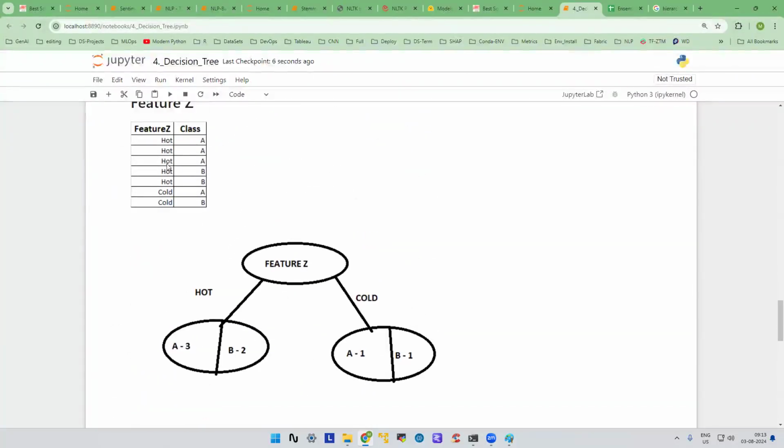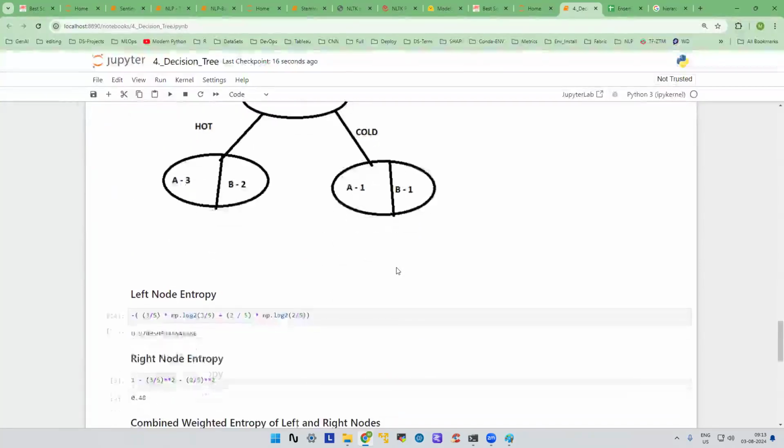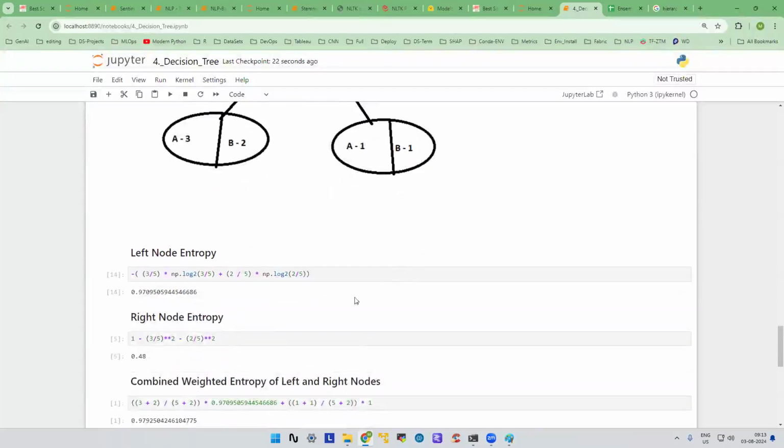Under hot, A is 3 and B is 2. Under cold, A is 1 and B is 1. So we got this map, right? The same way, we need to calculate left node entropy and right node entropy. So how do we do this?